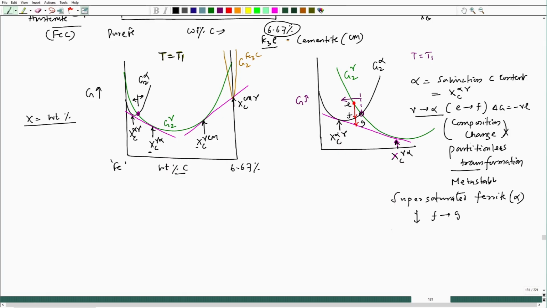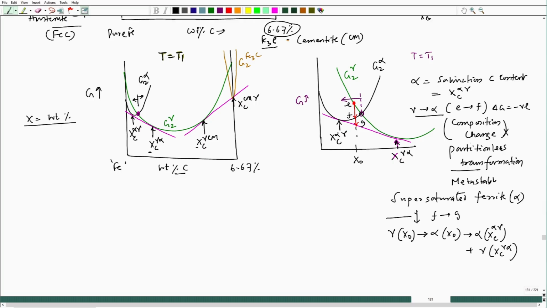So, then we will get gamma of composition, let us say this composition is taken to be x naught, it first goes to alpha of x naught, then again it will go to alpha of Xc alpha gamma plus gamma of Xc gamma alpha. This is the transformation pattern we will have.